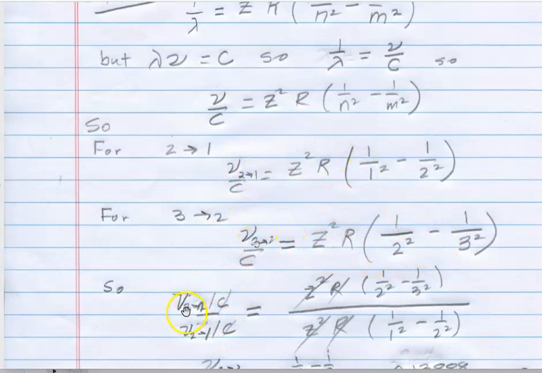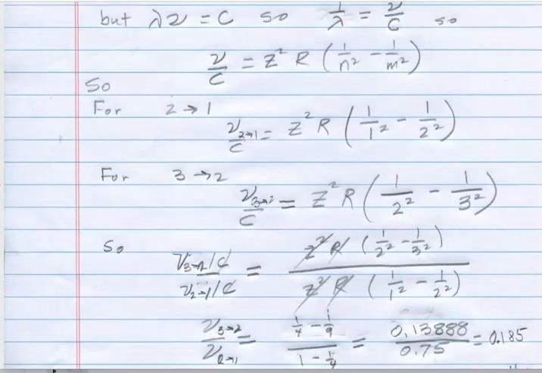On this side it becomes the frequency 3 to 2 on top divided by the 2 to 1. The c's will go out. And then the 3 to 2 would be Z squared R times 1 over 2 squared minus 1 over 3 squared, and the 2 to 1, I put that in the denominator here, Z squared R times 1 over 1 squared minus 1 over 2 squared.